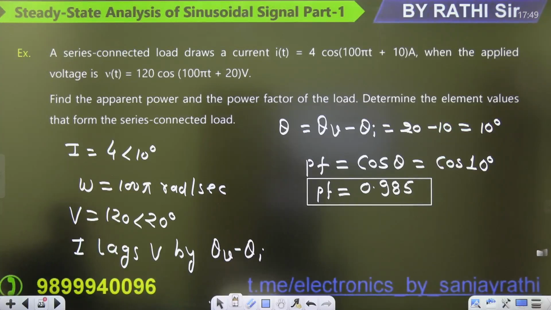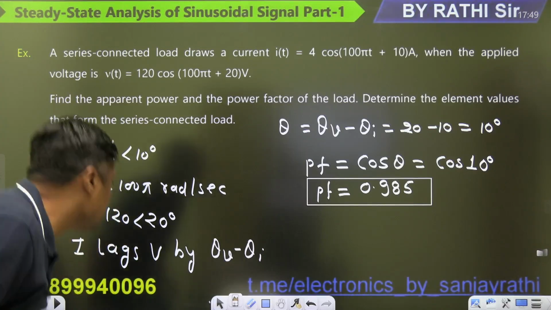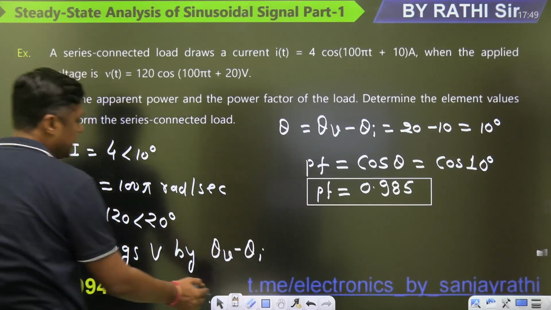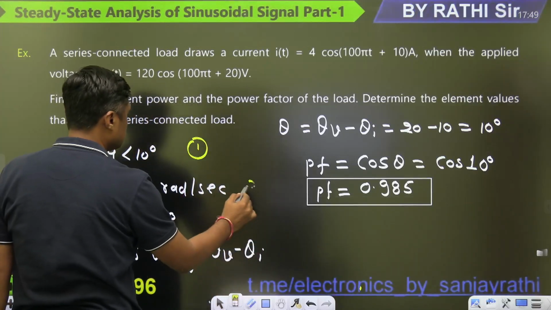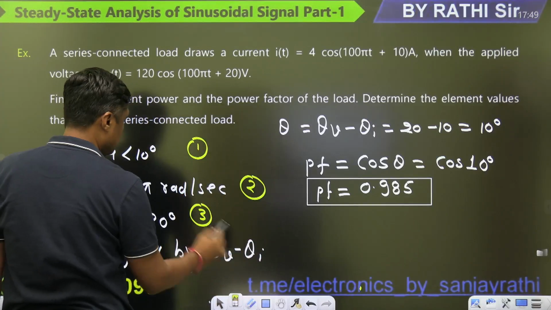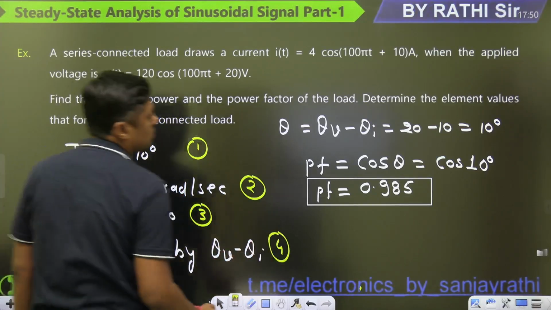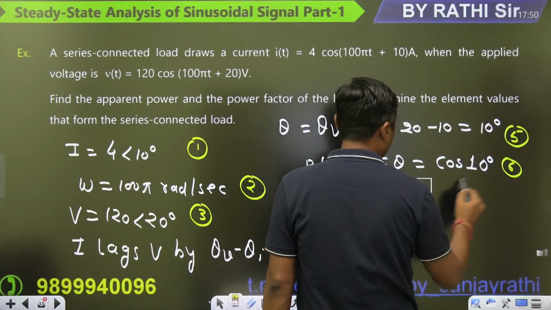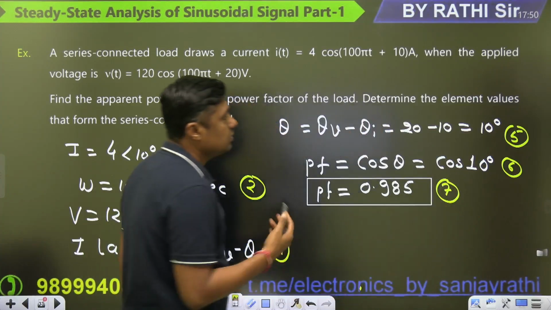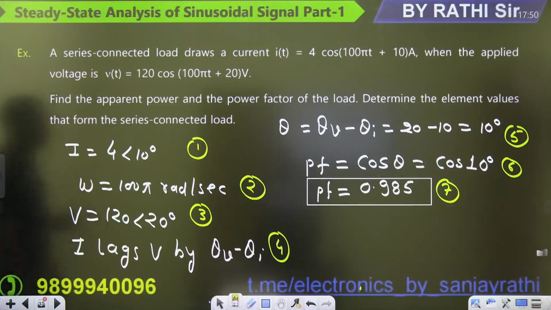So voltage leads the current, or current lags the voltage, and that's why it is an inductive circuit. Power factor is 0.985. Any doubt in any equation, you can ask. In the first slide, any doubt? Equations number 1, 2, 3, 4, 5, 6 and 7. This is how we can find the power factor, the first question.